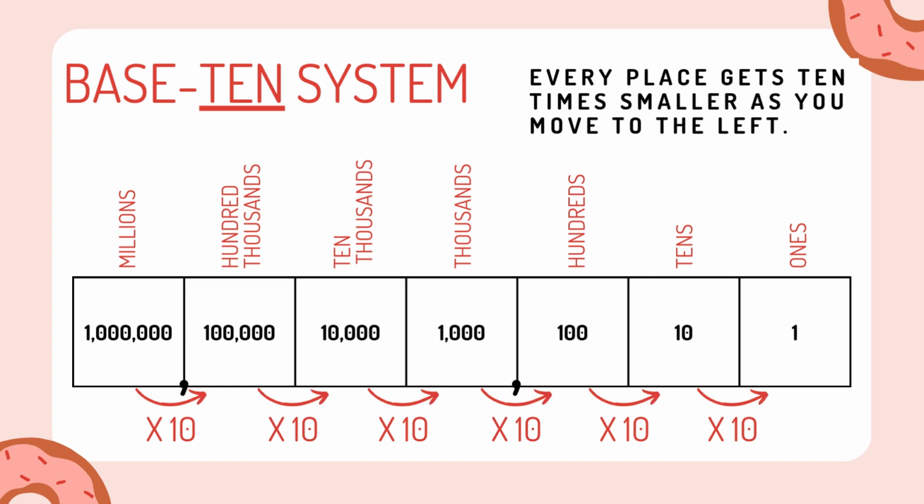So you times by 1,000, as you can see here. But what if you move to the right? Then each place becomes 10 times smaller. So, for example, if you move from 100 to 10, the value is divided by 10. So it's getting 10 times smaller, and if you want to put it in your calculator, you have to say divide by 10.